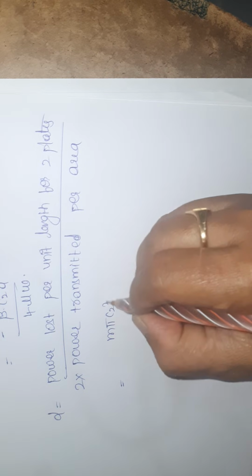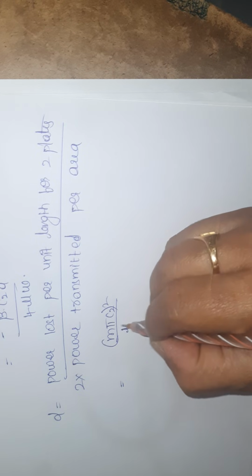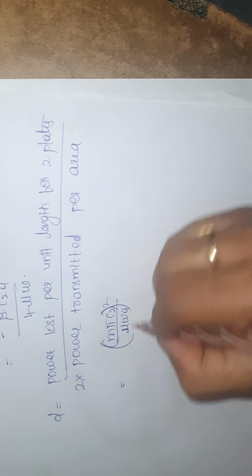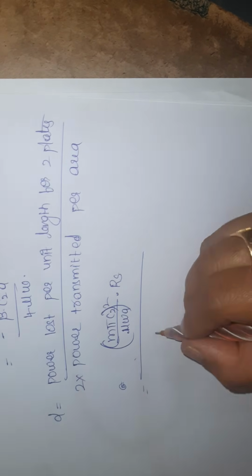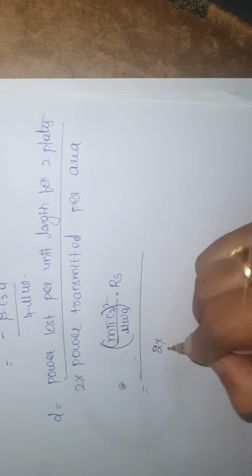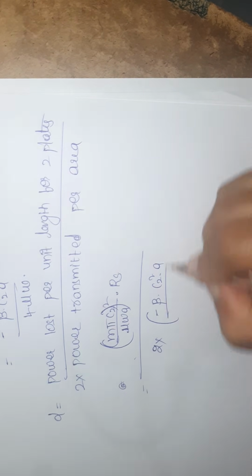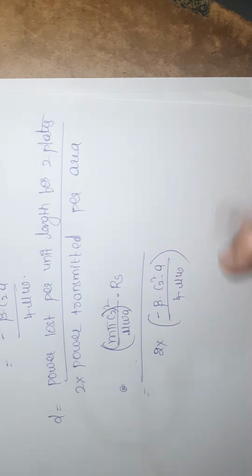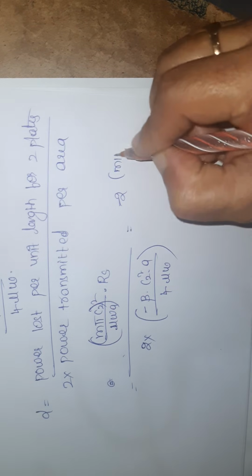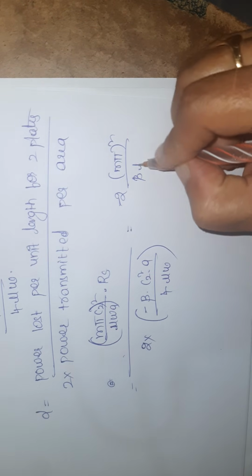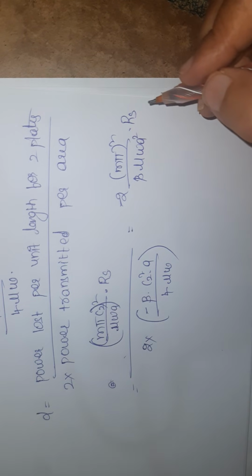M pi C2 by mu omega a, whole square, into Rs, divided by 2 times the power transmitted, that is minus beta C2 square a by 4 mu omega. Okay, if I simplify this one I'll get minus 2 m pi whole square by beta mu omega a square into Rs.